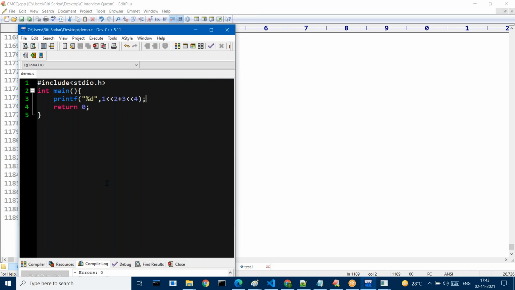Precedence and associativity will definitely come into the picture. What is the answer, guys?